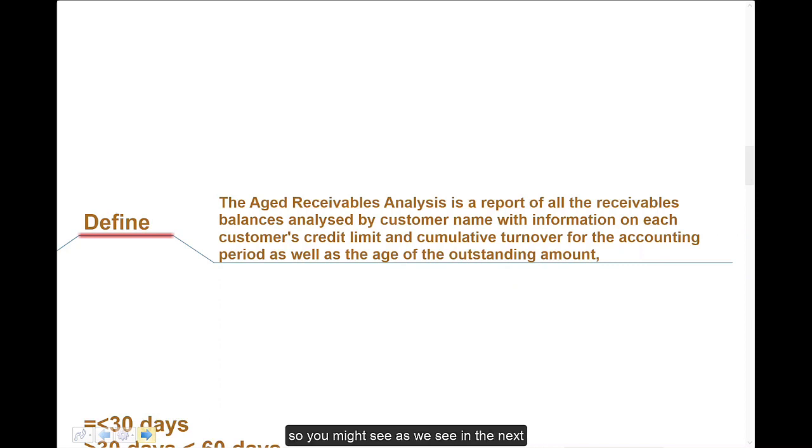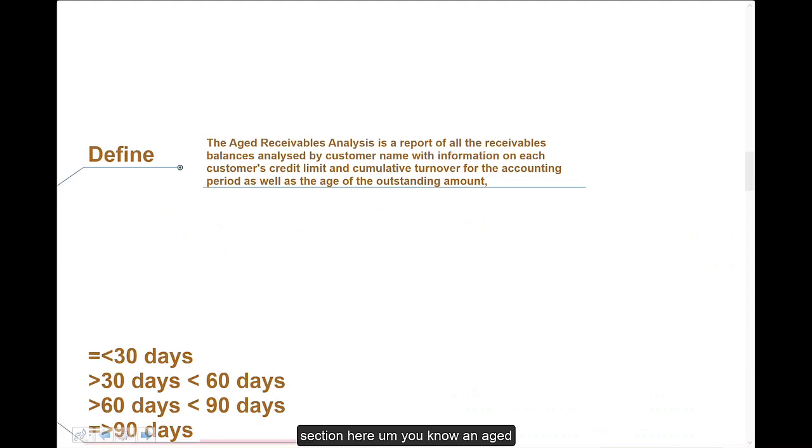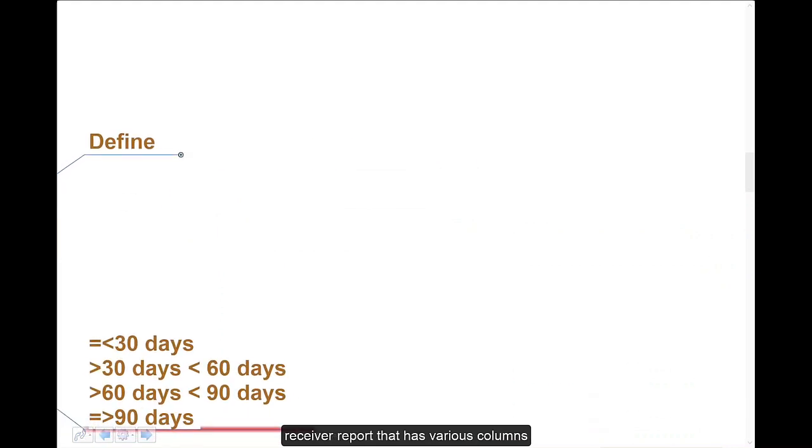So you might see, as we see in the next section here, an aged receivables report that has various columns. Okay, these are less than 30 days. These are less than 60, less than 90, etc. So really what an aged receivables account enables you to do is to assess who is over their limit. Let's say our terms are 30 days.